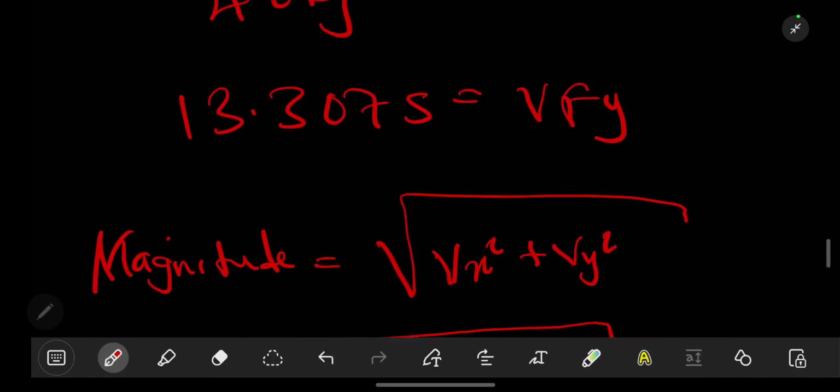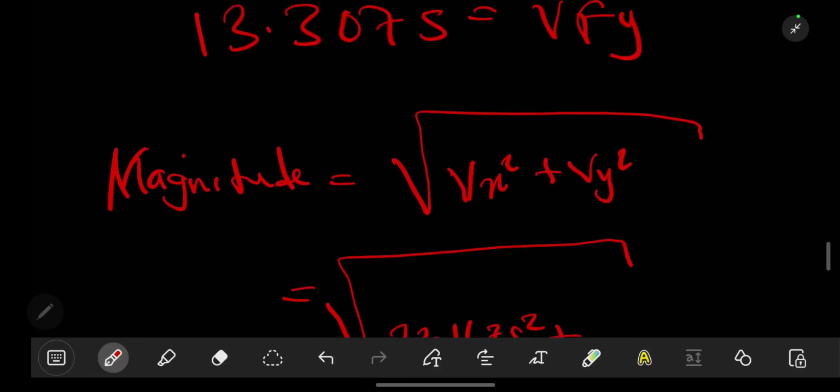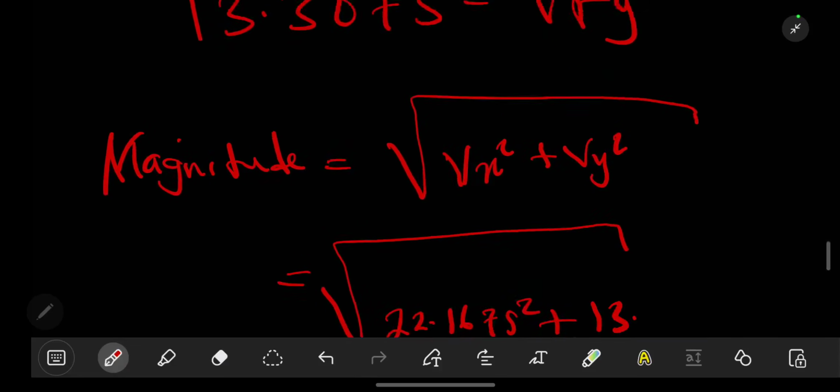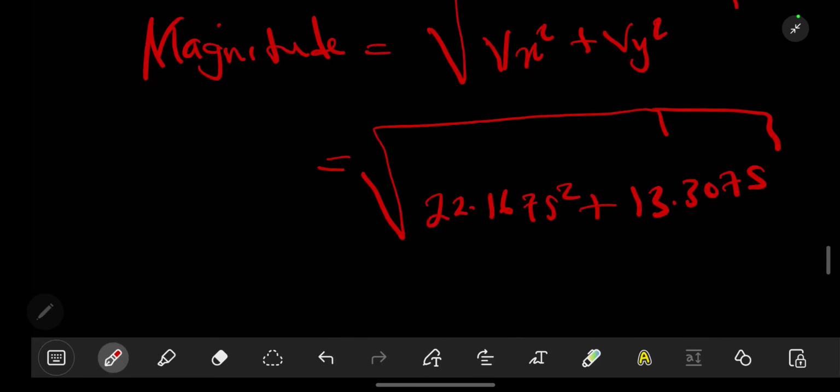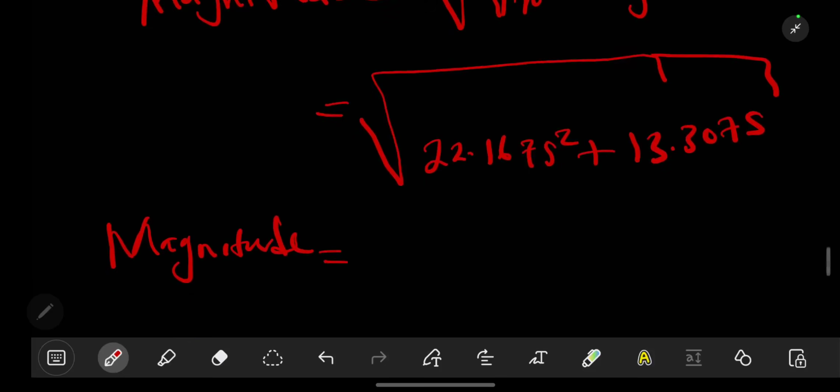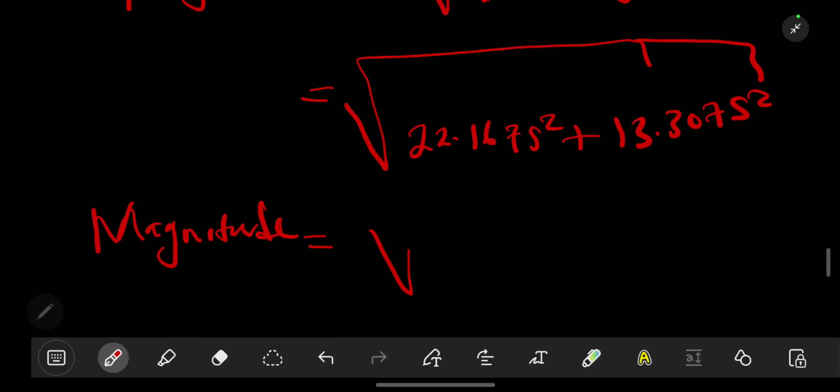which is equal to 13.3075. This will be the magnitude, so we square this. When we add these, we are going to have 22.1675 squared plus 13.3075 squared.